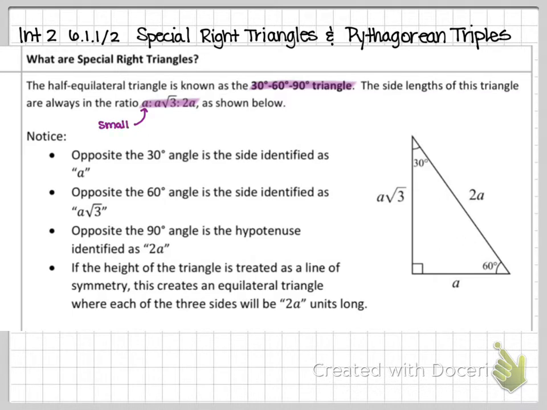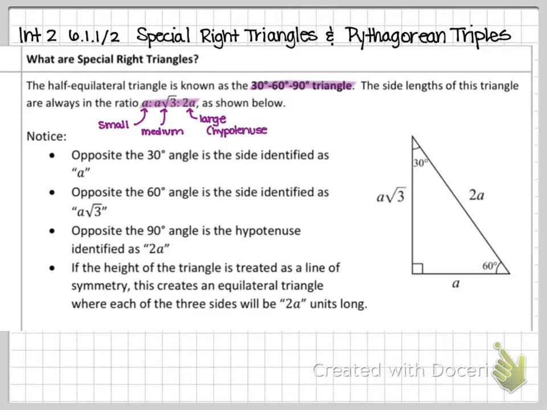Again, ascending order, A root 3 is the medium side length. And then 2A is the larger, long side length. If it's a 30, 60, 90, there's a 90 degree angle, so this is going to be the hypotenuse.